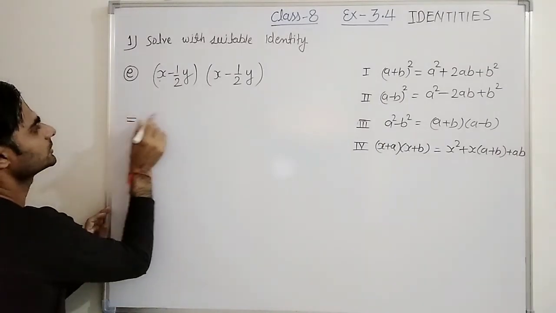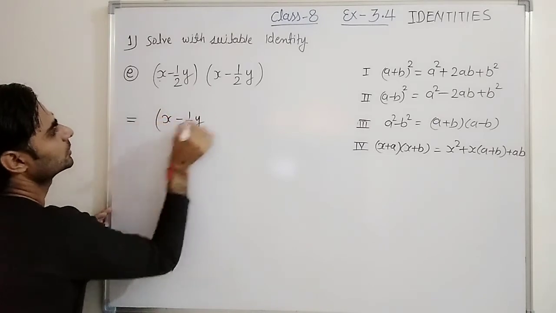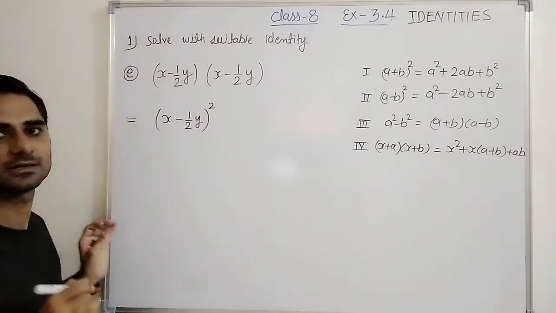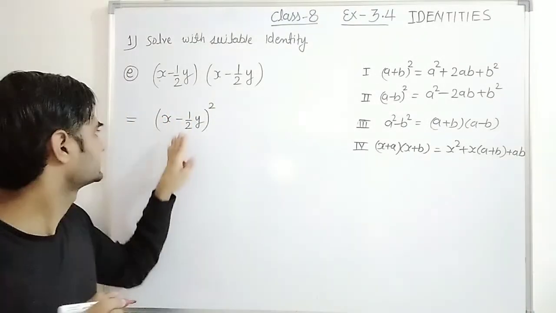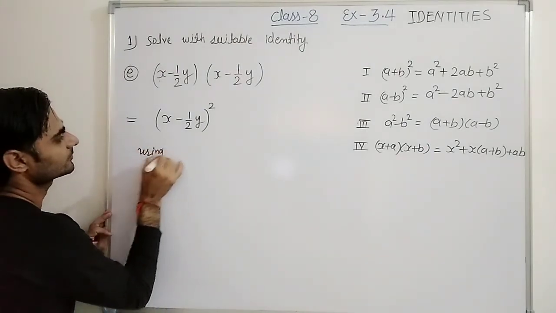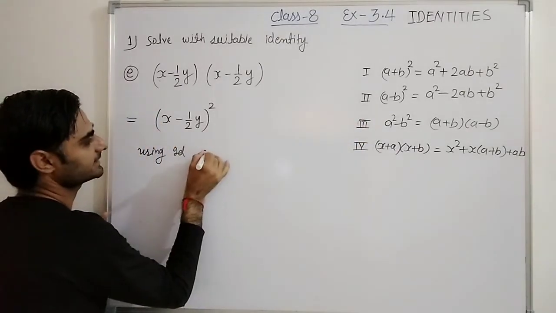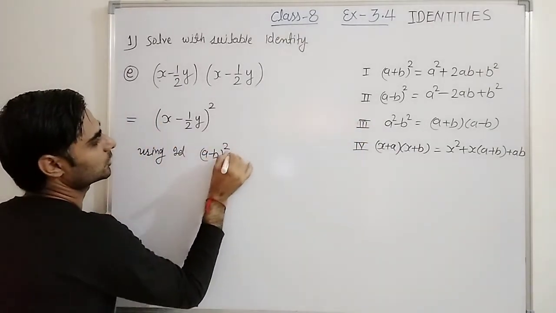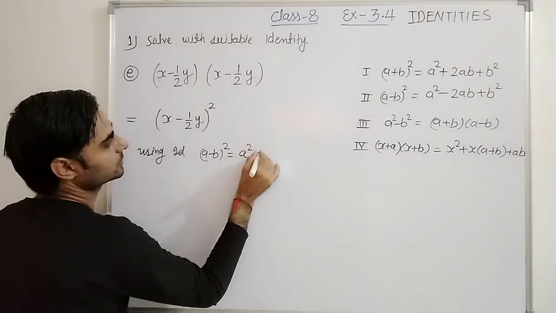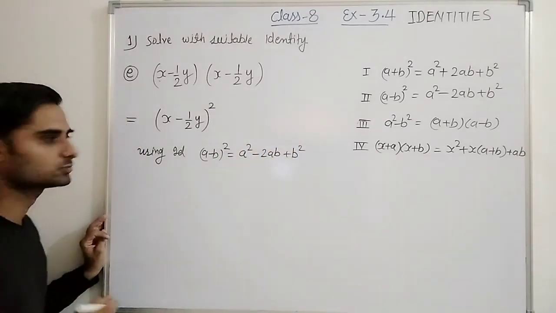This will be equal to x minus 1 upon 2y whole square. We can write like this? Yes. Now whole square, can we use identity? Which identity we will use? Number 2. That is a minus b whole square is equal to a square minus 2ab plus b square.